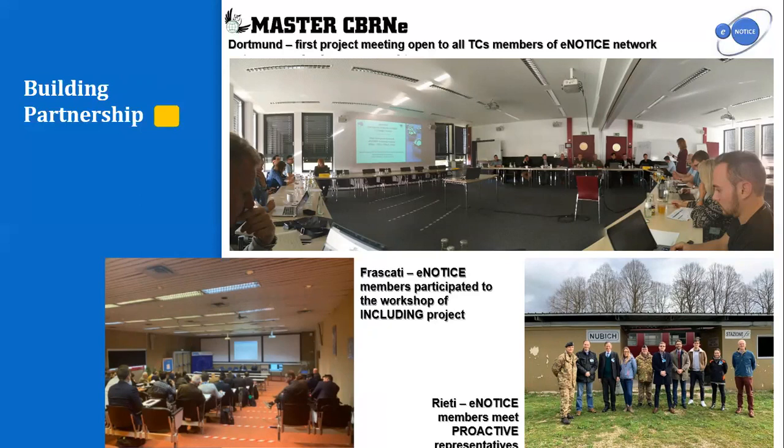For example, one project that is dedicated to the realization of a network of radiological and nuclear training facilities and research institutes, and the PROACTIVE project that is dedicated to the development of training activities dedicated to vulnerable citizens, vulnerable categories of citizens.